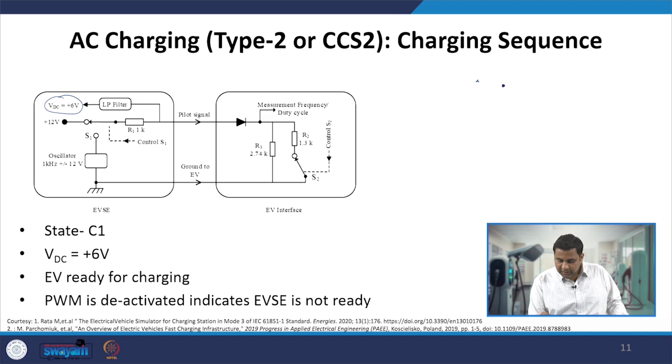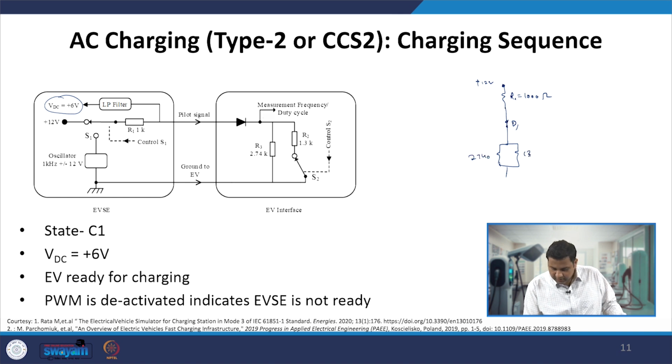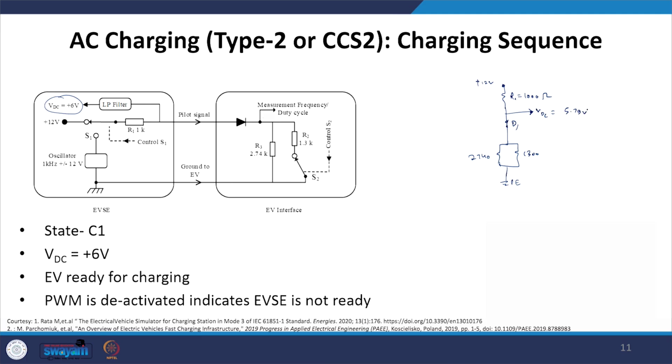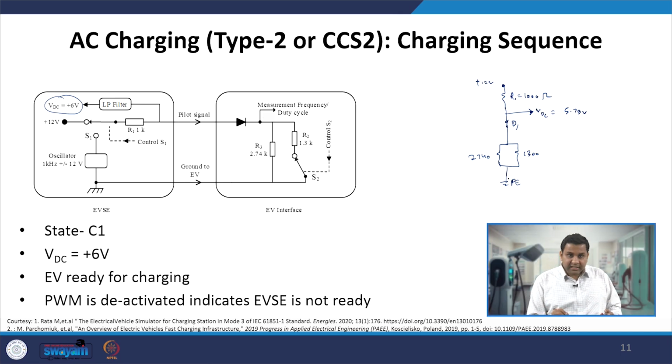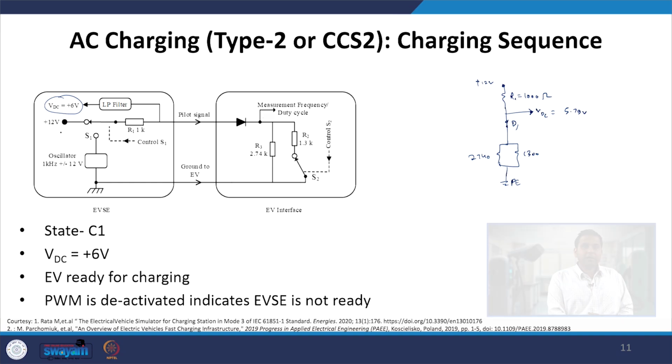So the plus 12 volt comes through R1, which is 1000 ohm, through the D1 diode to the resistances in parallel, which are 2740 and 1300, goes into PE, protective earth, and here we are measuring the VDC, which is 5.79 volt, same as what we have seen in the previous state. Since the S1 switch is moved from the oscillator to the plus 12 volt, the VDC value will remain the same.